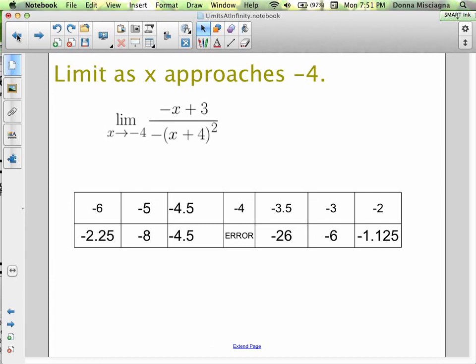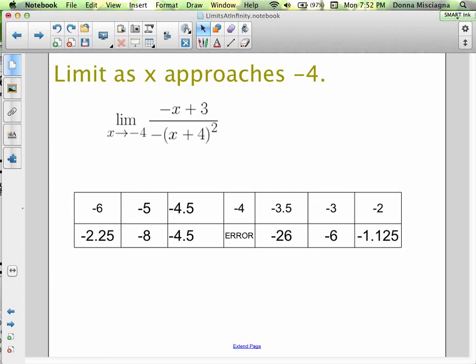I'm trying to look at my values here, and I did just plug them in. They're a little more difficult to look at. I go from -2.5, -8 to -4.5. I'm wondering if I don't have two of my values reversed.